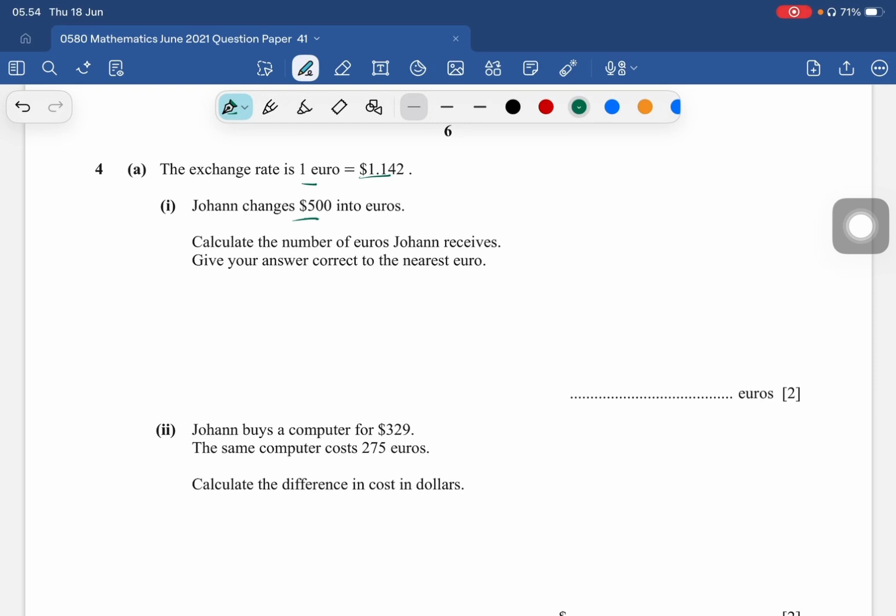So we need to calculate the number of euros Johan received. 1 euro is 1.142, so 500 we divide by 1.142. So we got 438, because we need to correct it to the nearest euros.